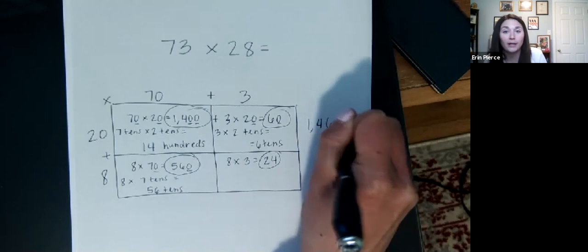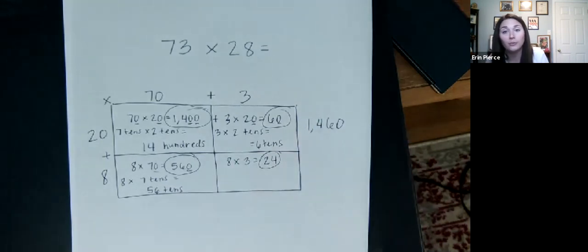I didn't have to write it out. If you need to write it out, please do. But I did a little bit of mental math and recognized that I can add 1,400 plus 60 and get 1,460. If I do the same thing on the next one, 560 plus 24, I'm adding that up. I know that I have 584, okay?